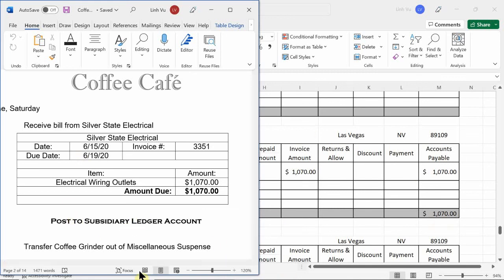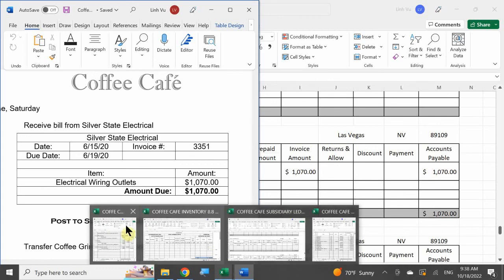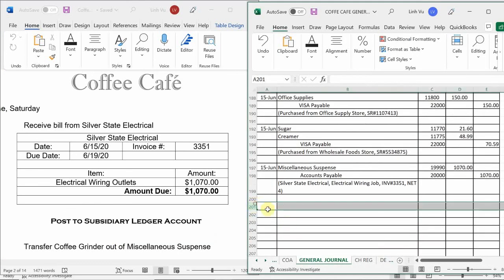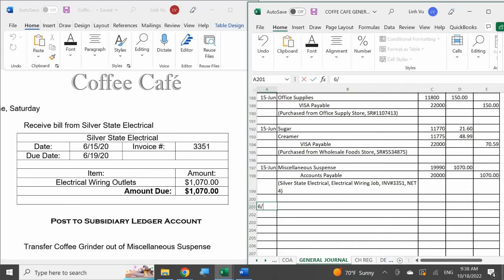What's my coffee grinder account? 150220. And I'm taking it out from my miscellaneous suspense, so that means I should be crediting my miscellaneous expense, because I'm decreasing whatever value is in there.